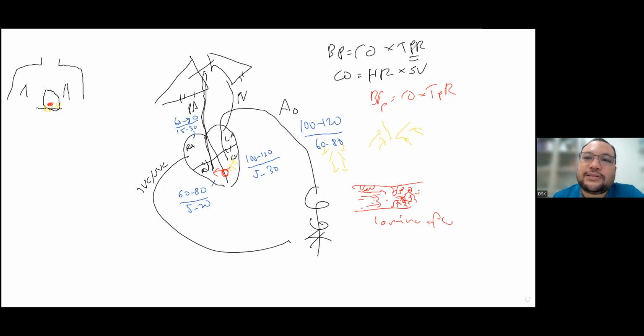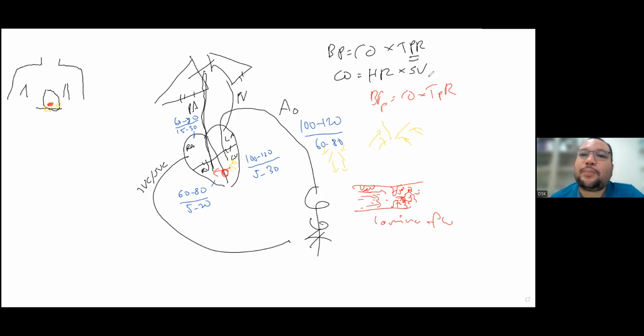BP equals cardiac output times TPR. Originally, the pulse pressure is 100 to 120 over 60 to 80, because all the blood from the left ventricle goes to the aorta. Now, your left ventricle is pumping to your aorta and also to the right ventricle.